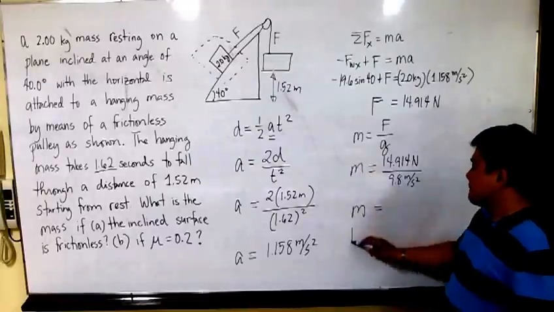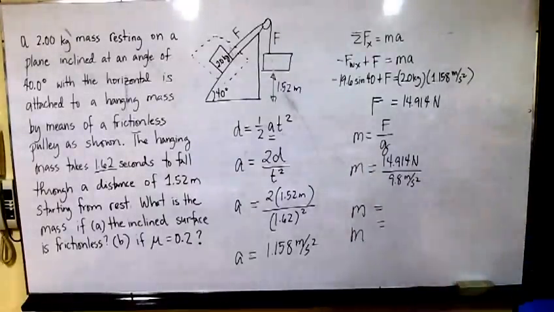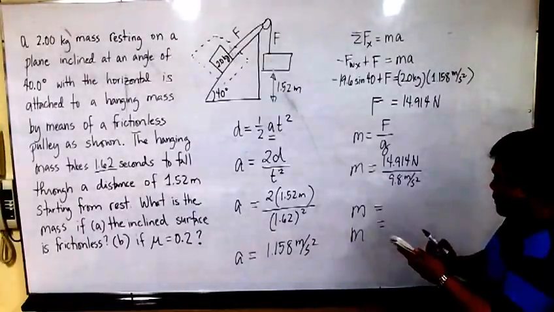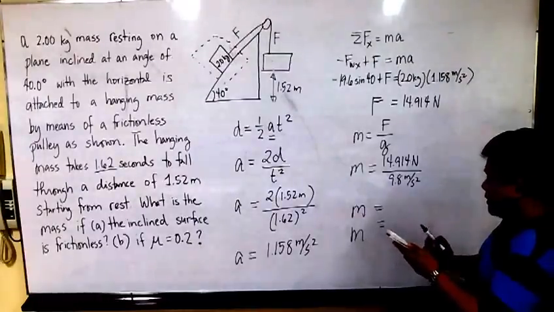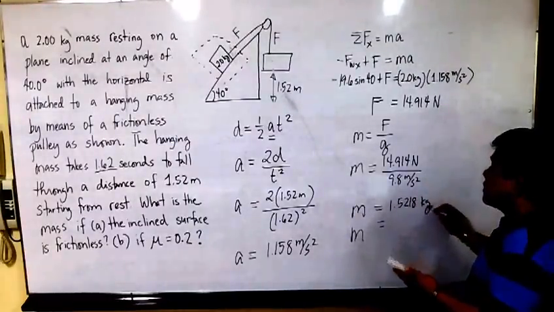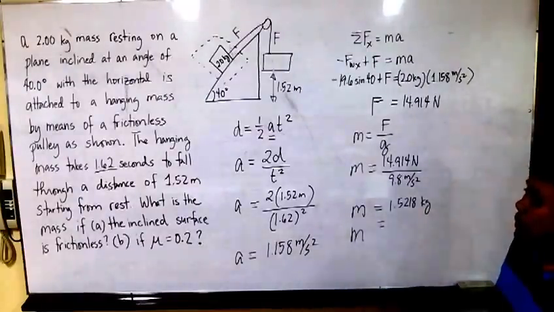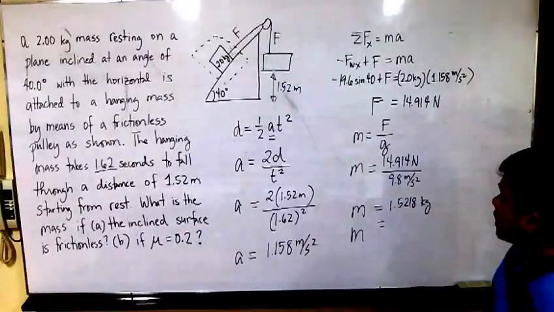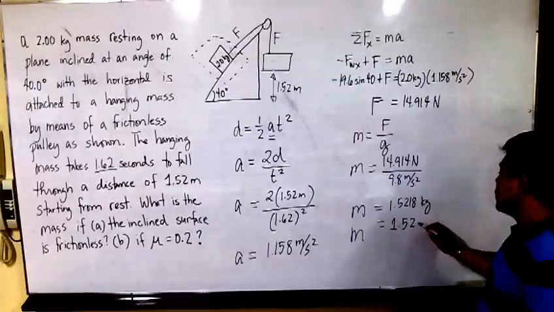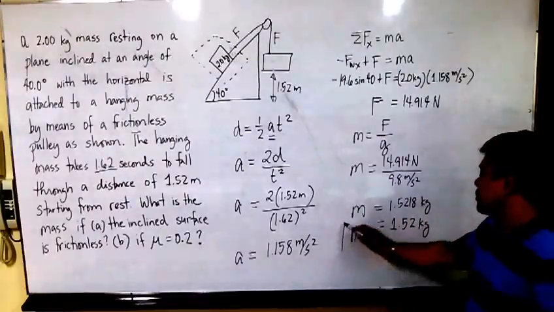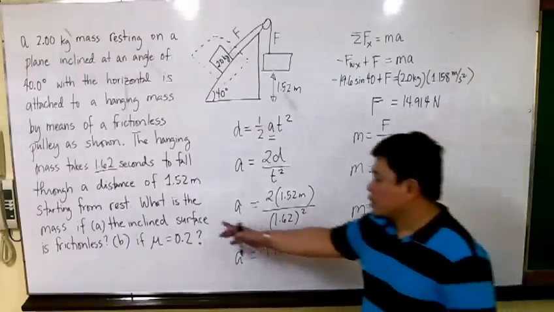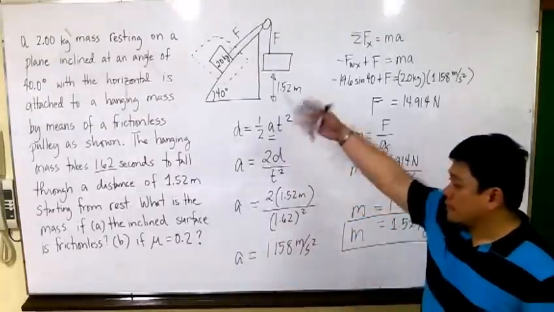Solving for m, using your calculators, 14.914 divided by 9.8, you get 1.5218 kilograms. Let us round this off to 3 significant digits. We get 1.52 kilograms. This would be the mass given the situation that this surface is frictionless.